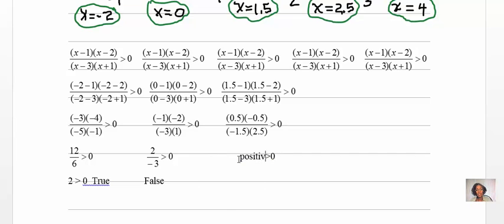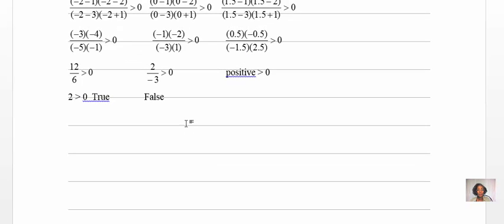Our only concern is, is that true? Is a positive number bigger than 0? And of course that is true.